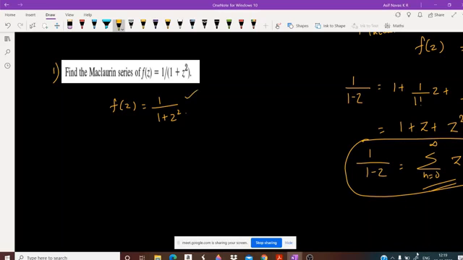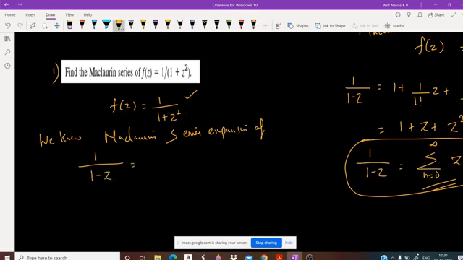So we know the Maclaurin series expansion of 1 by 1 minus z is equal to 1 plus z plus z square plus z cube plus etc.